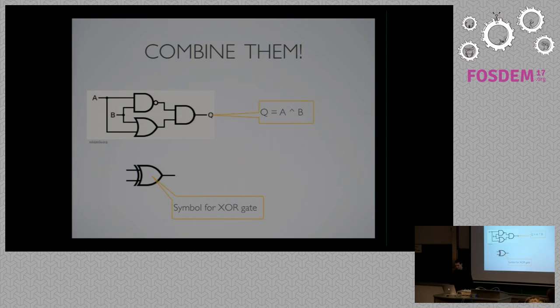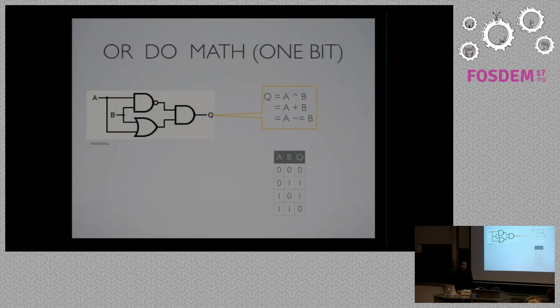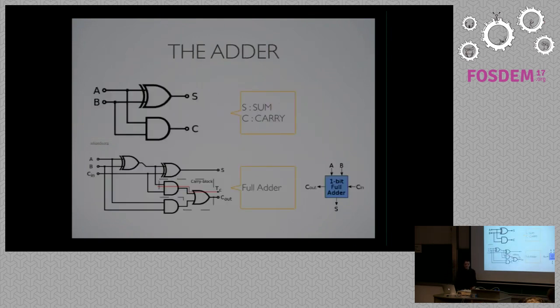And with the XOR gate, you can also do computation, well, mathematical computation, like for starting an adder. So a 1-bit adder is in fact a XOR gate. So an adder is a little bit simple, and we can complete it by designing what we call a full adder.